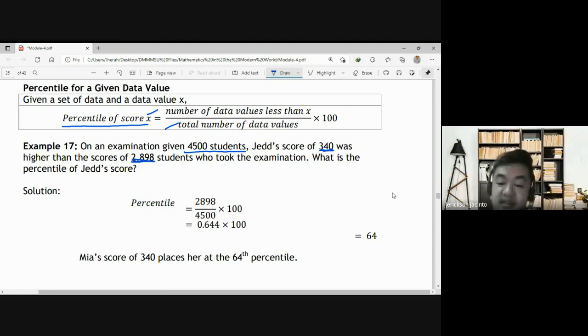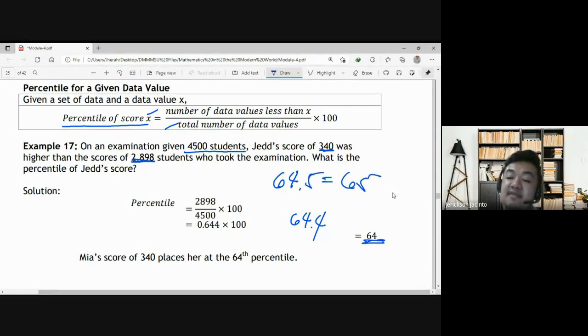The answer is actually 64.4. Pero sa percentile, hindi siya point something, buo siya. So our answer is 64. You're going to round that one. So kapag 64.5, it would be 65. Nakuha ba? Yes, sir.